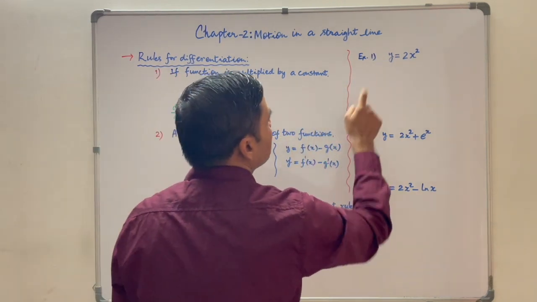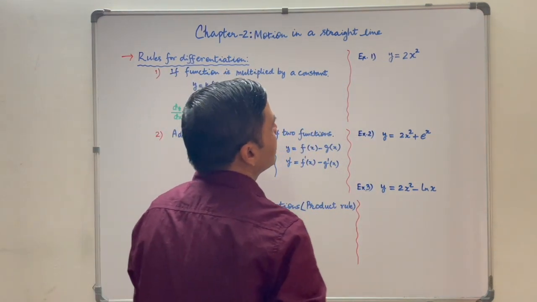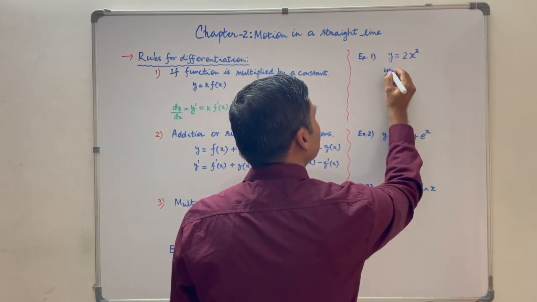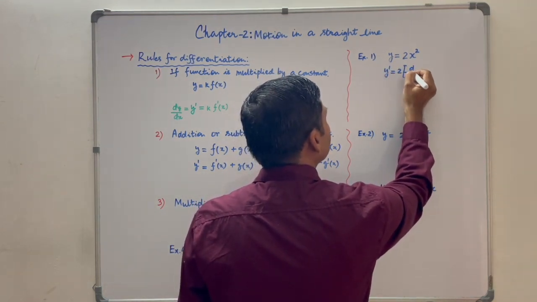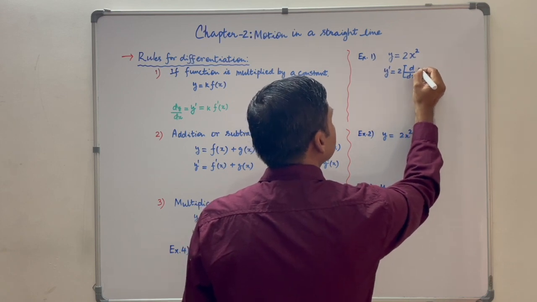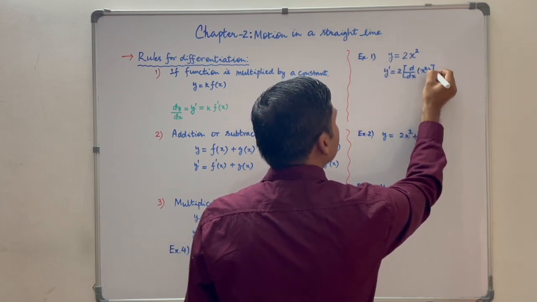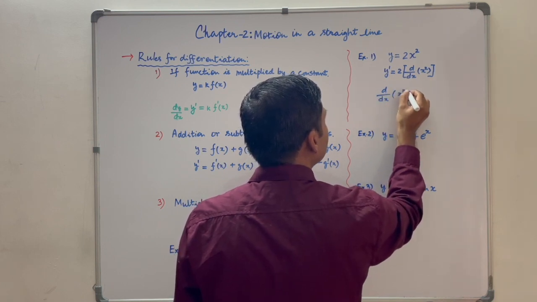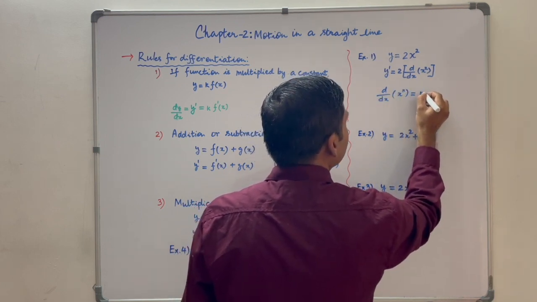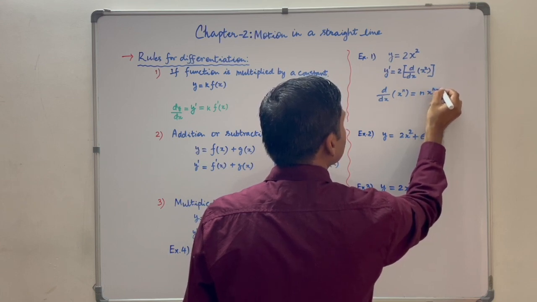Let us see this example. y is equal to 2x square. Then y dash will be equal to 2 times, let us take the derivative of this function, d by dx of x square. You know that d by dx of x to power n is equal to n x to power n minus 1.